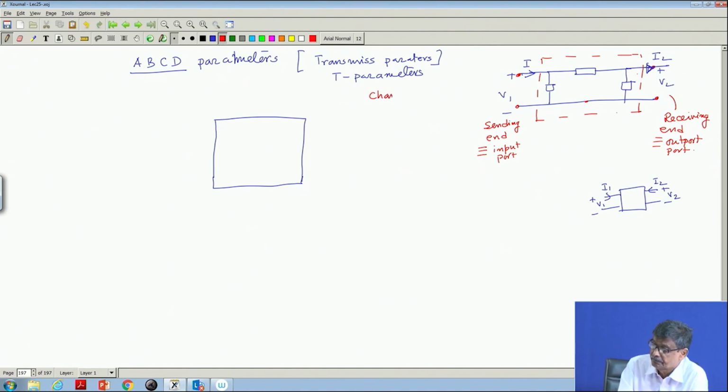Change note: change of convention of current direction in the output port.